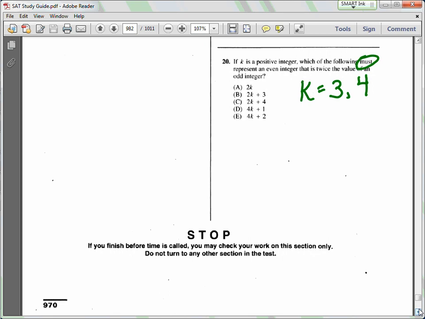Okay, so which of the following must represent an even integer that is twice the value of an odd integer? So let's just plug in 3 for k and see what we get.